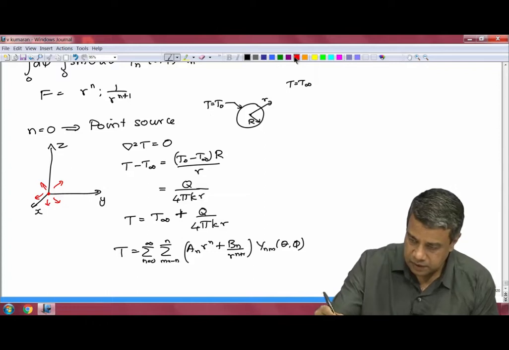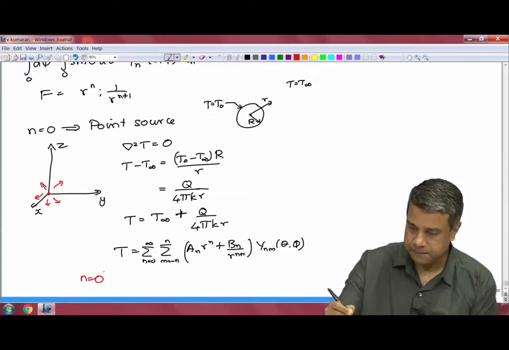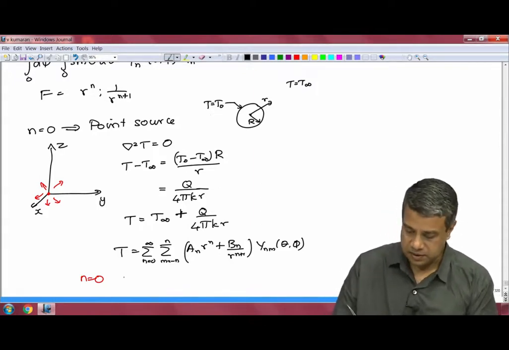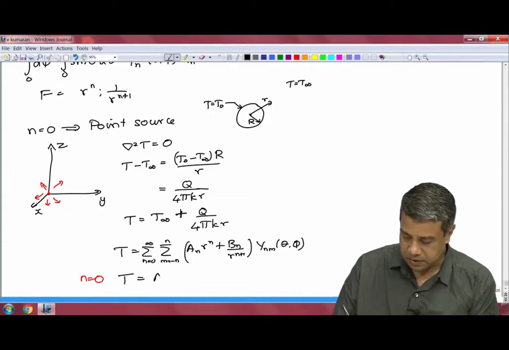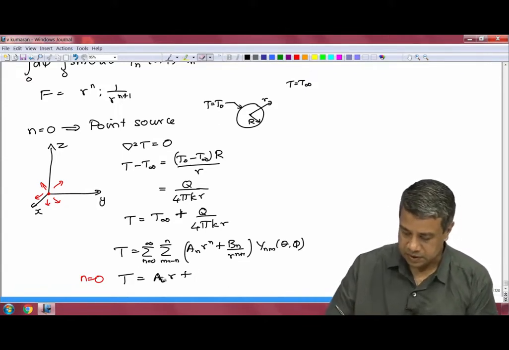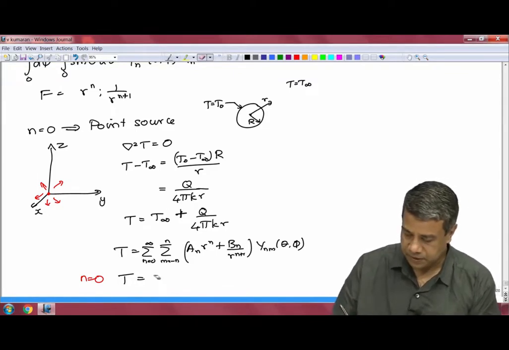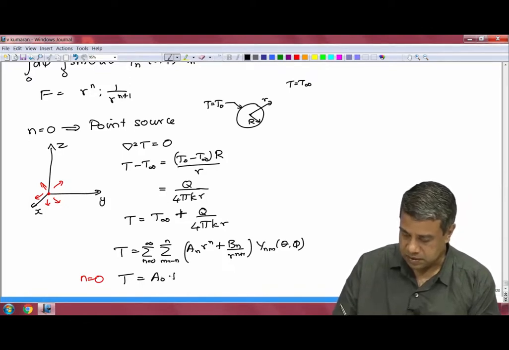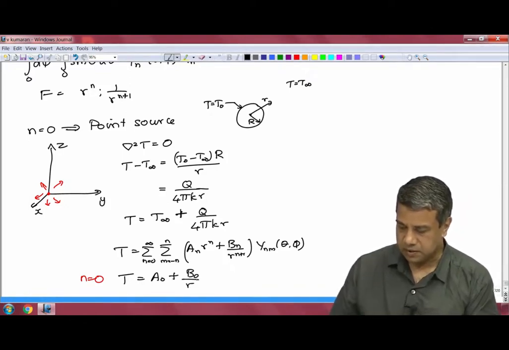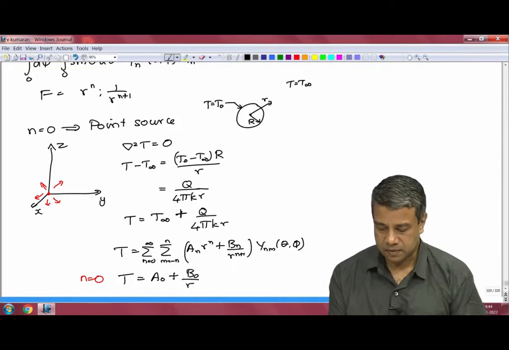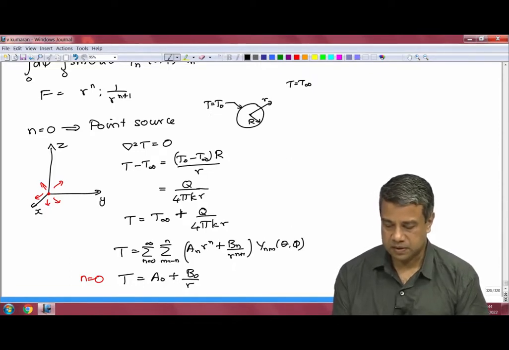For n is equal to 0, there is only one term in the expansion. So, this is just equal to a0 plus b0 by r, because Y_nm is a constant, and therefore, to within a proportionality constant, this is just equal to a0 plus b0 by r.